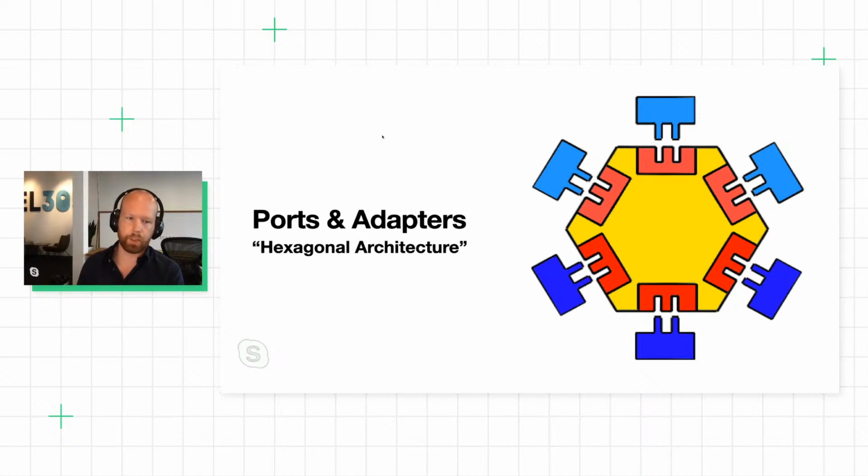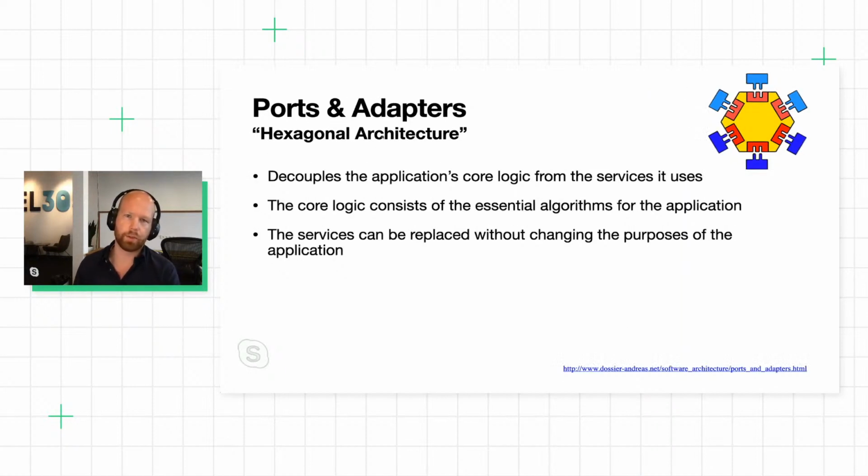The main aim of this architecture is to decouple your core logic from the services that are needed by this core logic. The core logic is the yellow center, and that consists of the essential algorithms of the application, what drives your business.